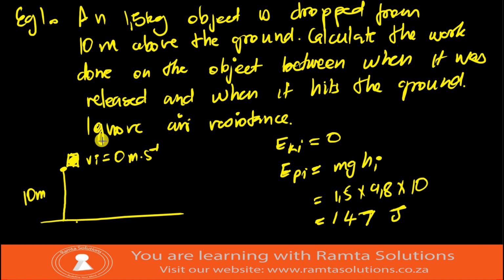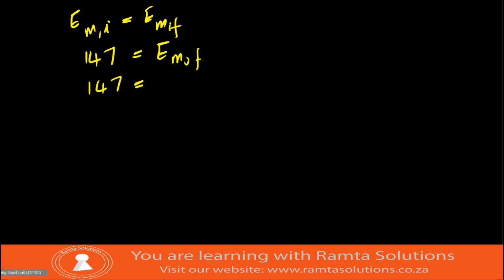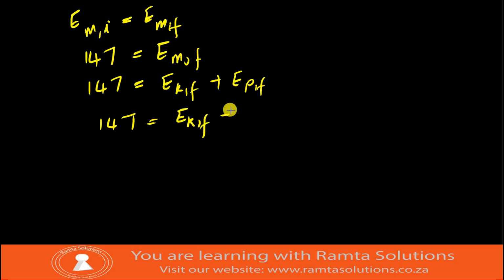So EM final is EK final plus EP final, and EP at that point is 0. Therefore, kinetic energy final is 147 joules.